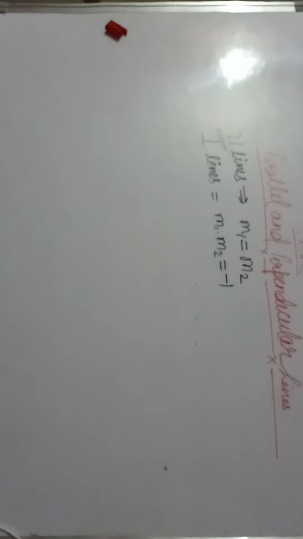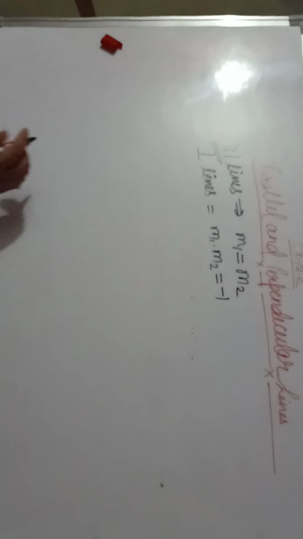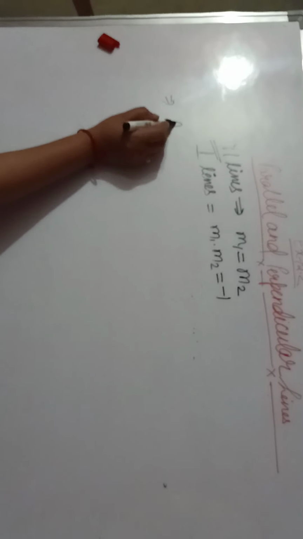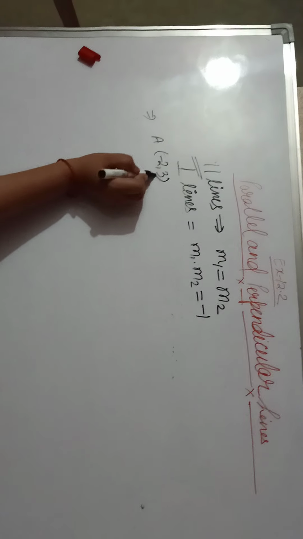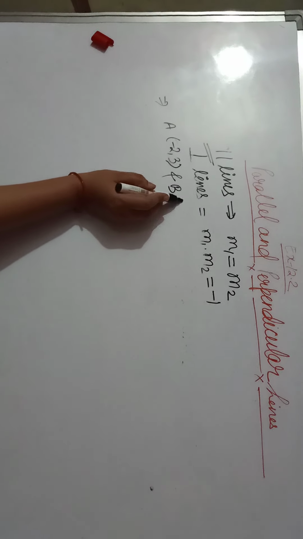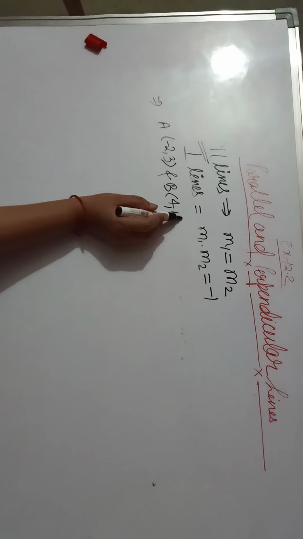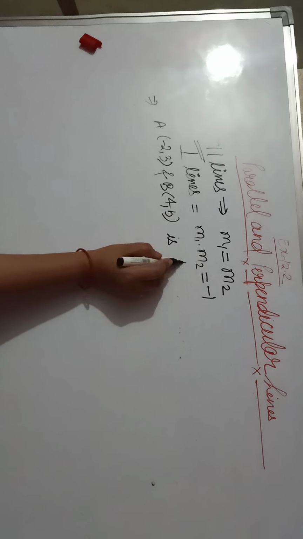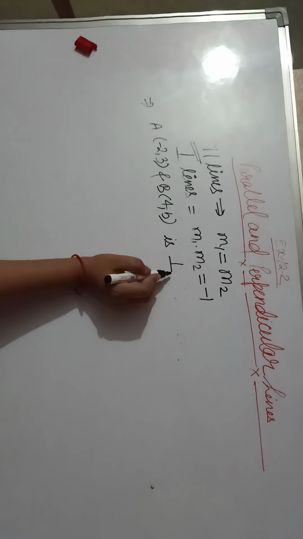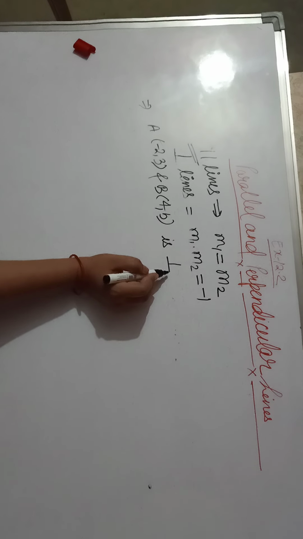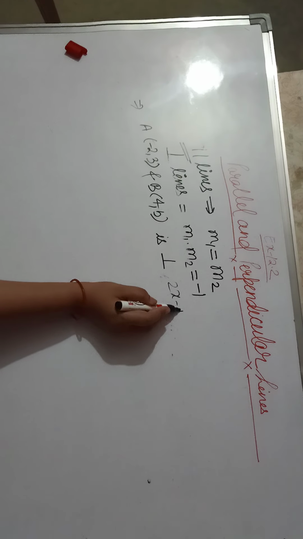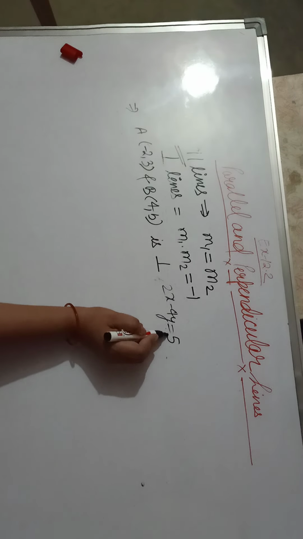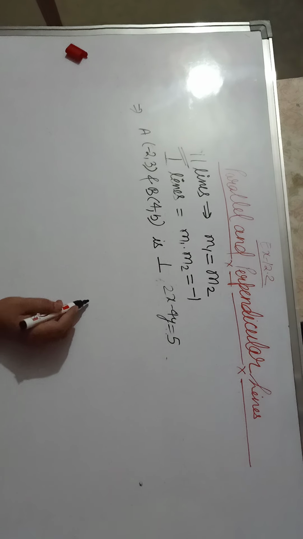We have the two coordinates: the line passes through the points A, which is minus 2 comma 3, and B, which is 4 comma b, and is perpendicular to the line 2x minus 4y is equal to 5. Find the value of b.